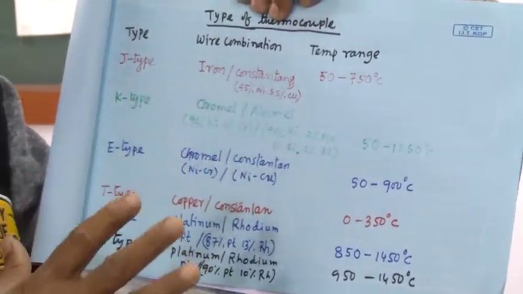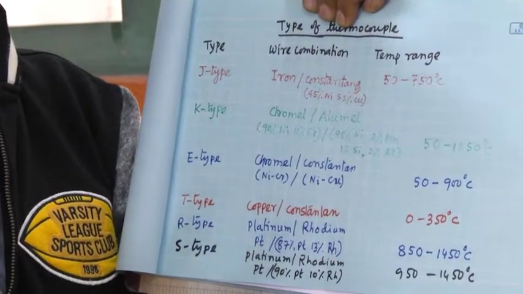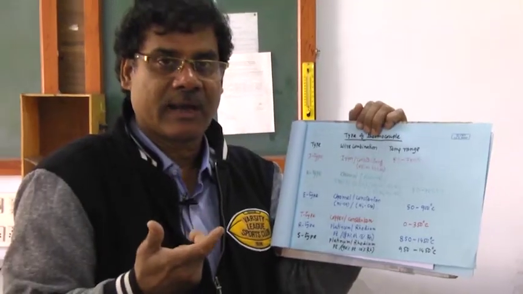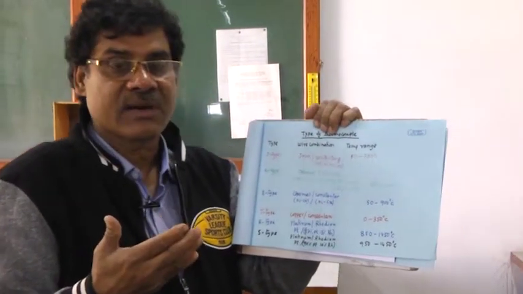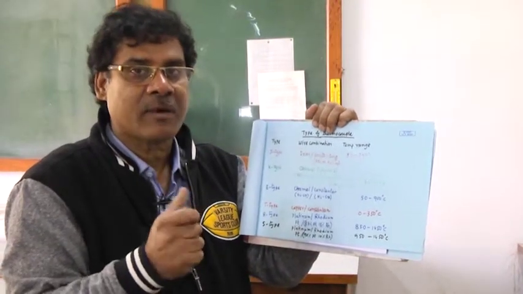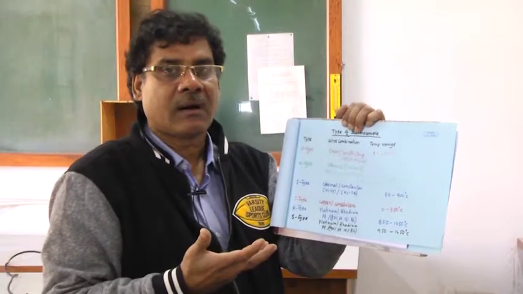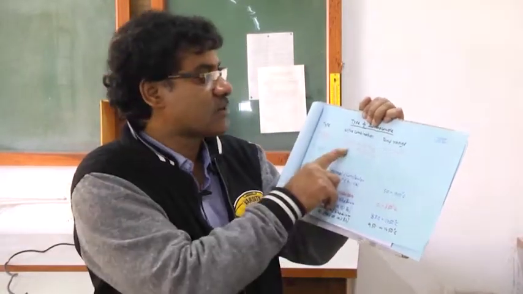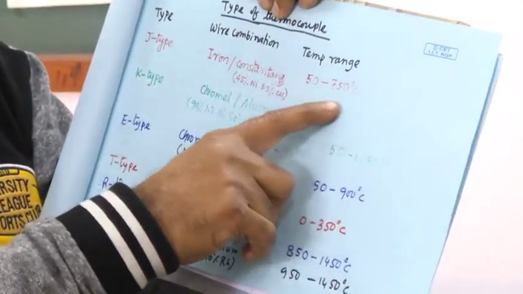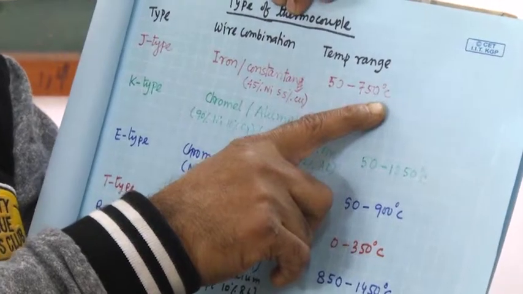People chose the combination of the two wires in such a way that the Seebeck coefficient is high. Also, different types of thermocouple are used for different temperature ranges. This type is used for measuring 50 to 750 degrees centigrade.